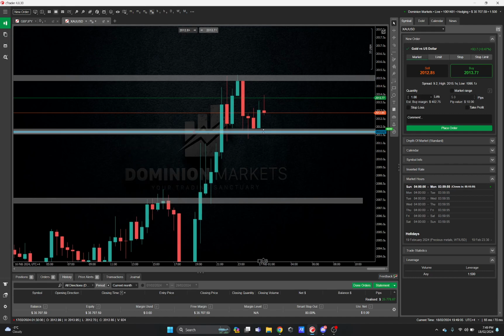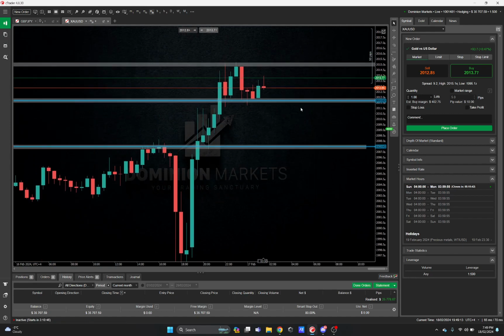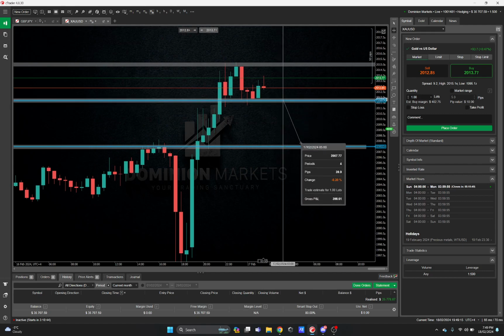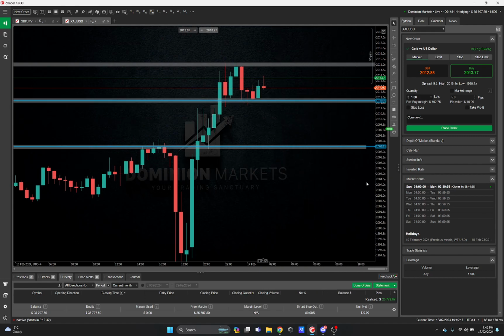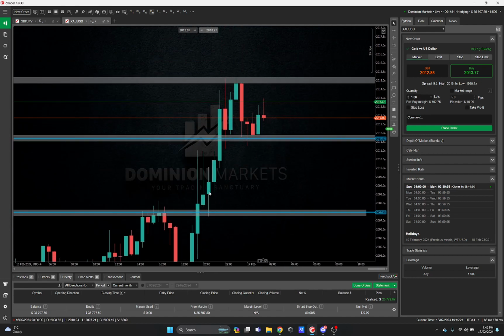Awesome. If we can break below 2011, I think there's a very big possibility we can continue down towards 2007, which is around 40 pips away. The only reason would be because we had a clean range to the left-hand side here. As candles moved up, you can see we had bullish, bullish, bullish, bullish, bullish. So a break below 2011 could push price down towards 2007.